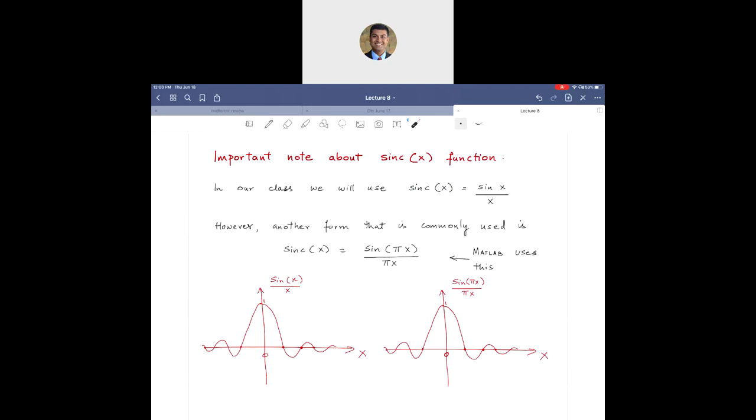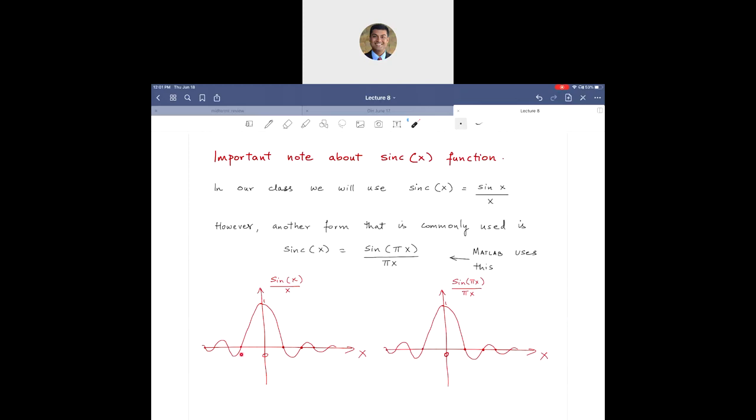However, there is another very commonly used form which MATLAB also uses, which is sine pi x divided by pi x. And some other textbooks also follow this. So don't get confused about the different forms here. The shape, as you can see, looks the same.